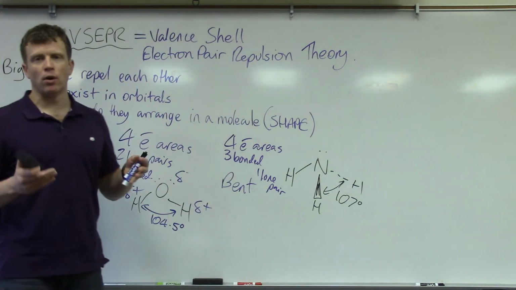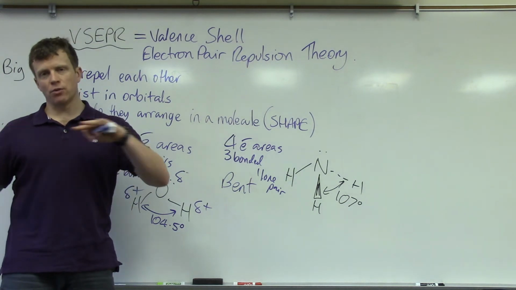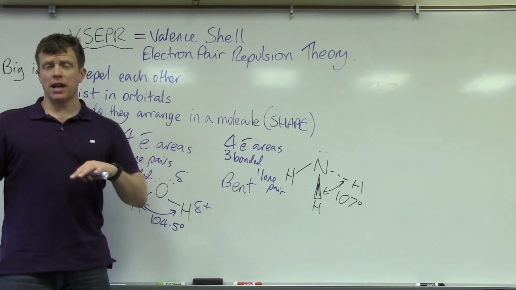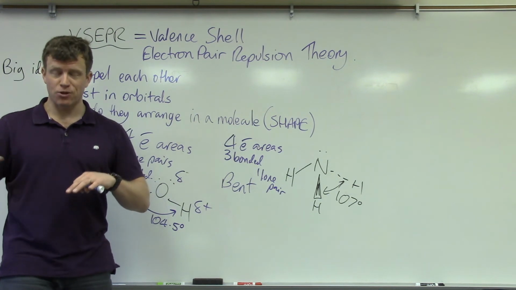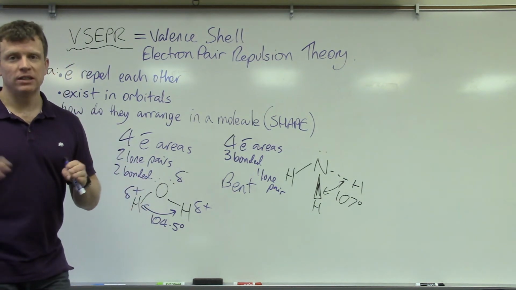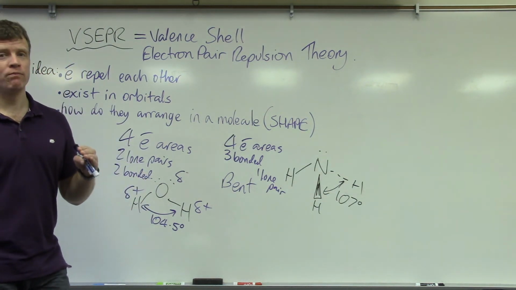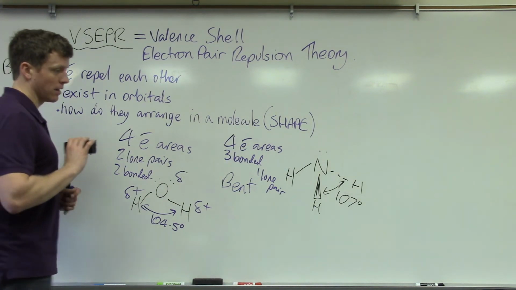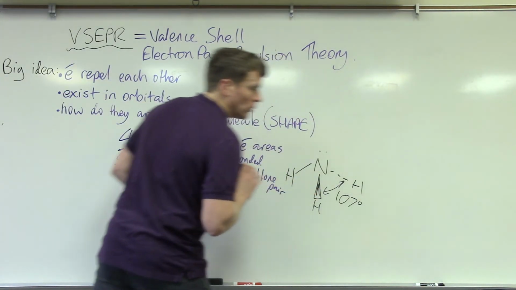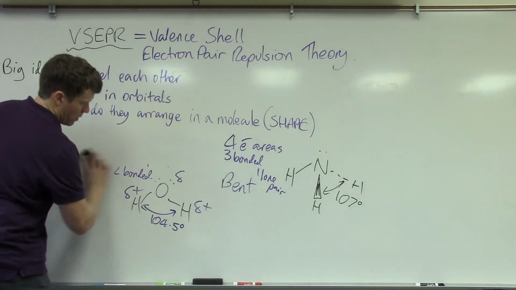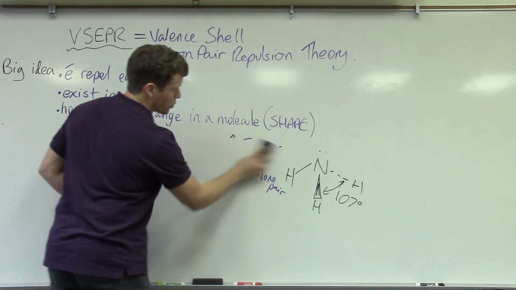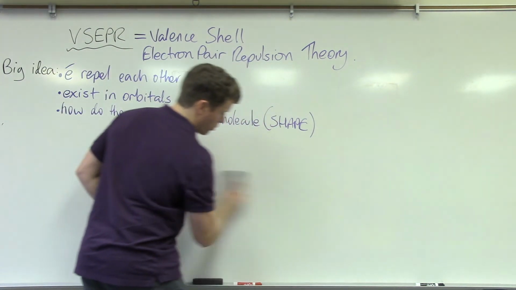So if the shape makes it so there's no dipole, it doesn't matter how electronegatively different the atoms are, the molecule won't be polar. I'll show another example of that in a second. So that's how we tell the number of electron areas, which is really important when we look at shape.